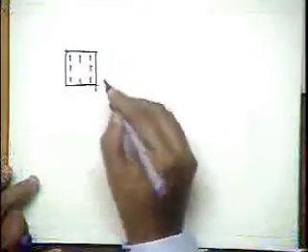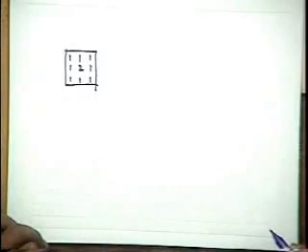I can consider many different mask sizes. Instead of a 3 by 3 mask, I can consider a 5 by 5 mask, a 7 by 7 mask, a 9 by 9 mask, I can keep on increasing my size.